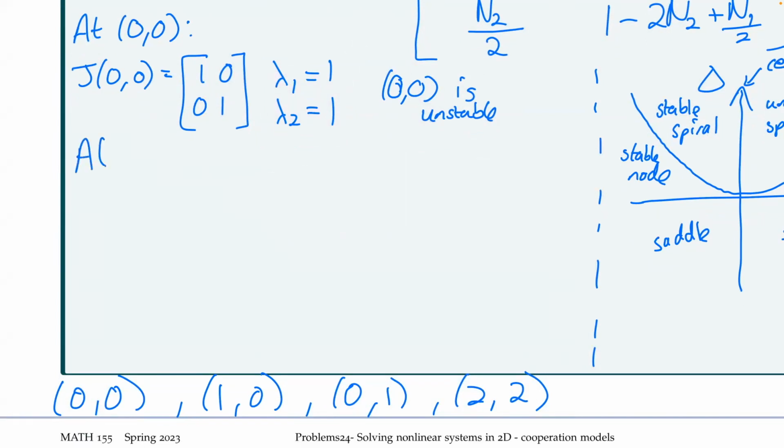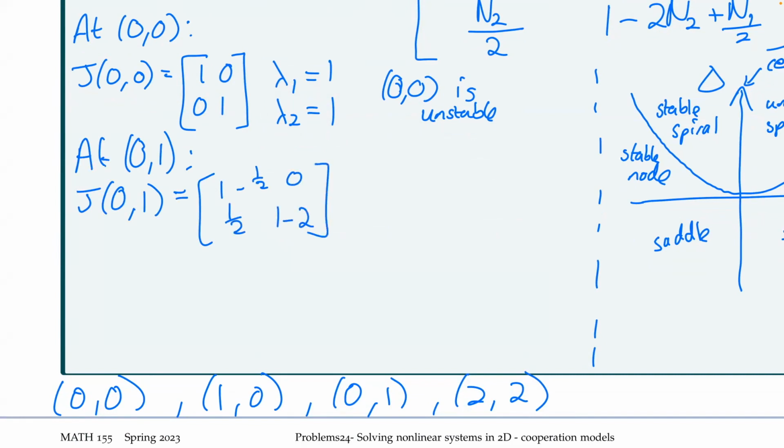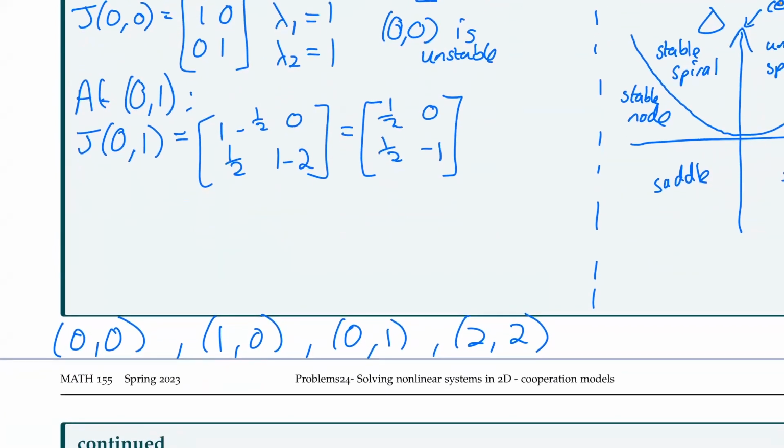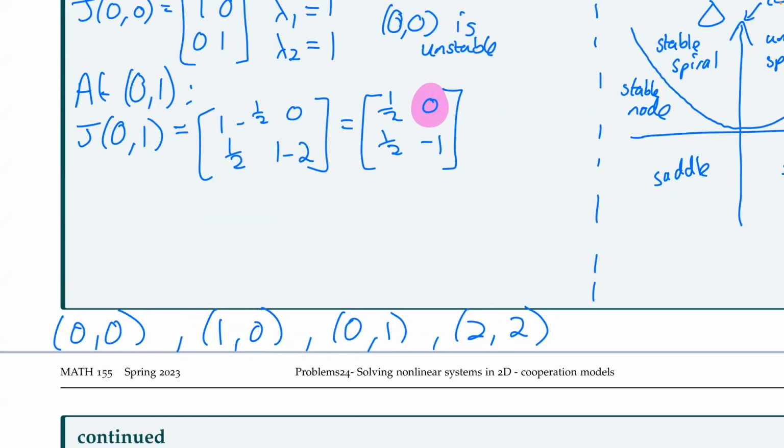Okay. At (0,1), J is 1 minus a half, 0, a half, 1 minus 2. So J is a half, 0, a half, minus 1. Again, because we've got a 0 up here, we're in lower triangular form, so we can read the eigenvalues off the main diagonal.